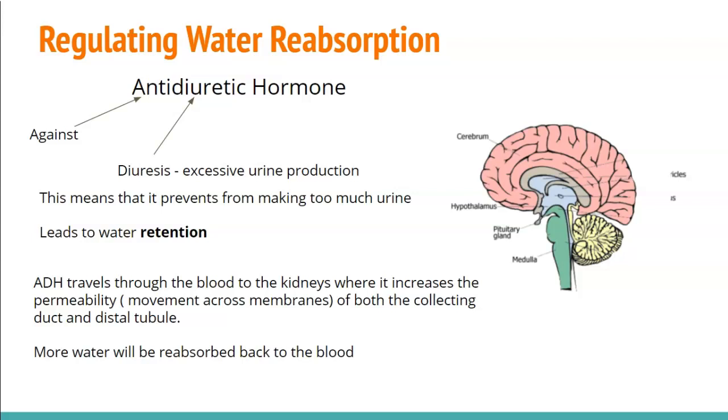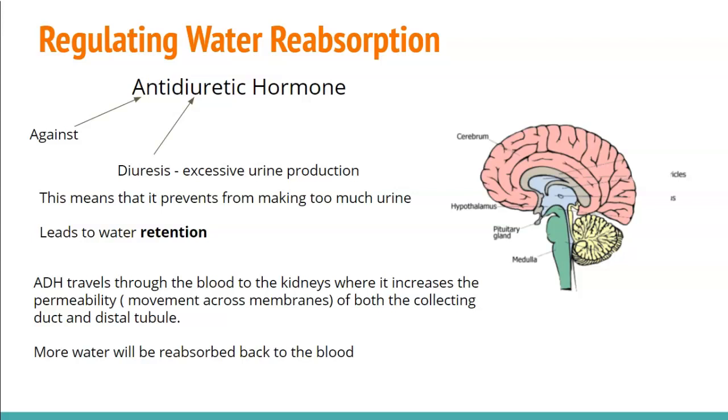If you drink a ton of water, you have to use the bathroom a lot. Imagine you didn't drink a lot of water and you still had to use the bathroom a lot. That's a problem. We're getting rid of all this excess water in your body that you're not replacing, so you're dehydrating yourself. ADH's job is to be against excessive urine production.